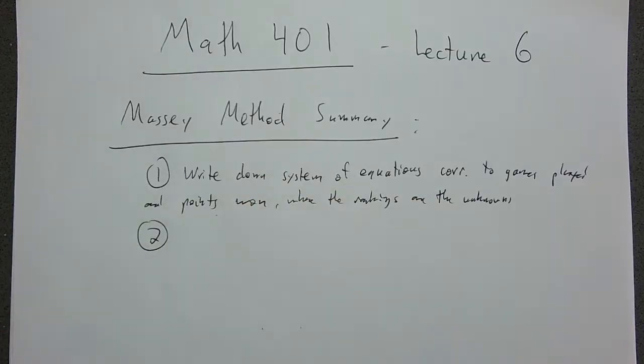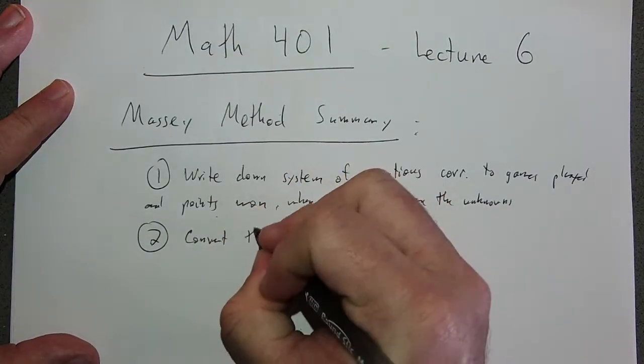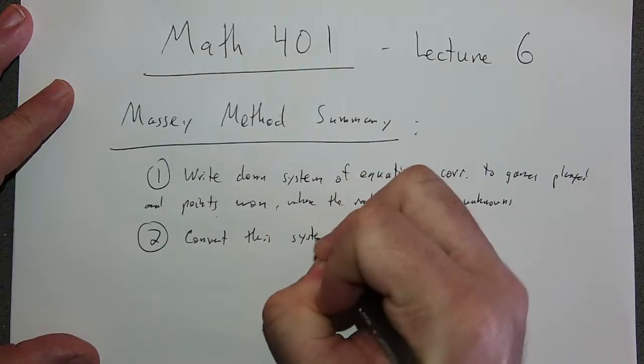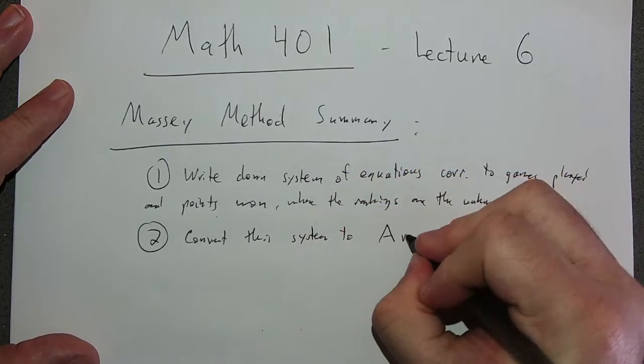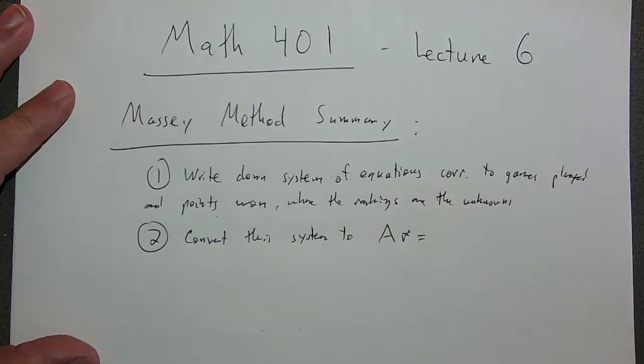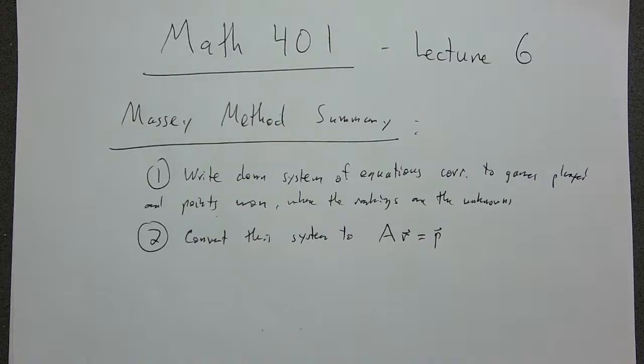Two, we convert the system of equations to the matrix equation that we're going to solve, the matrix equation AR equals P, as we did in all of those examples.